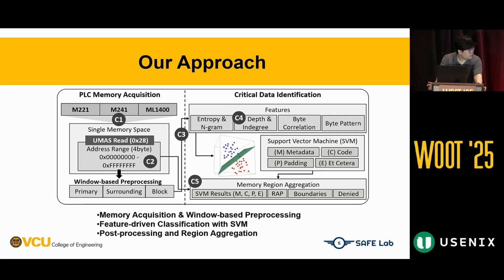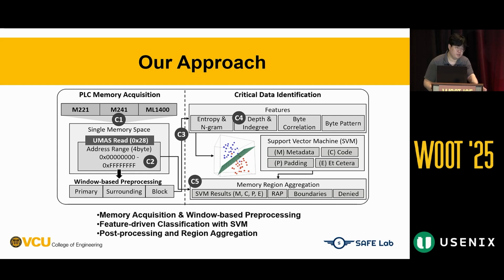In the machine learning, there are multiple features: depth and in degree, as I mentioned, and also byte correlation and byte pattern. I'm not going to explain each of them in a mathematical way. The most important thing is whether these features are representing different perspectives.